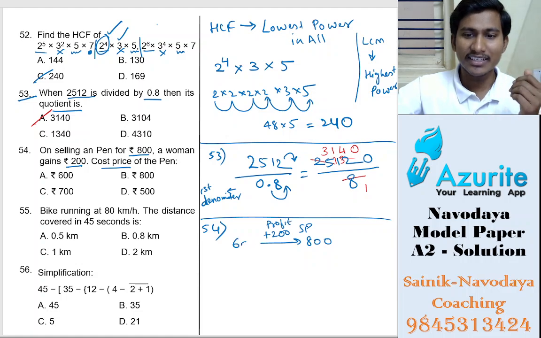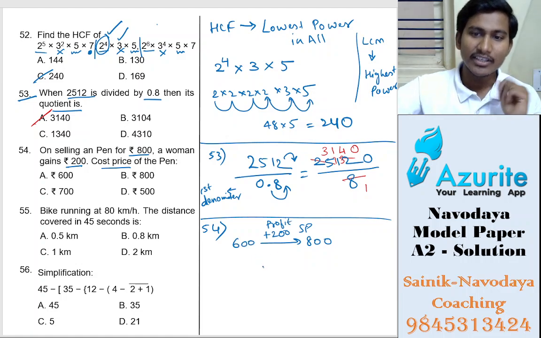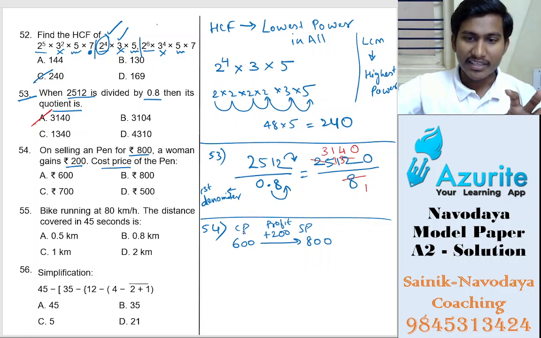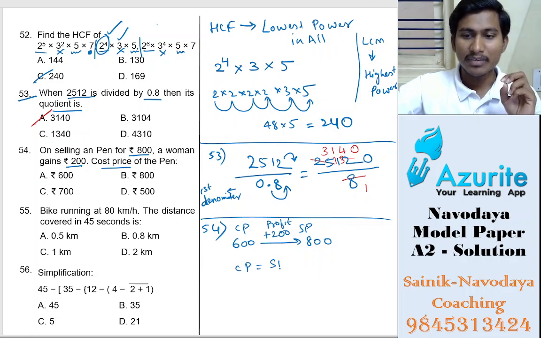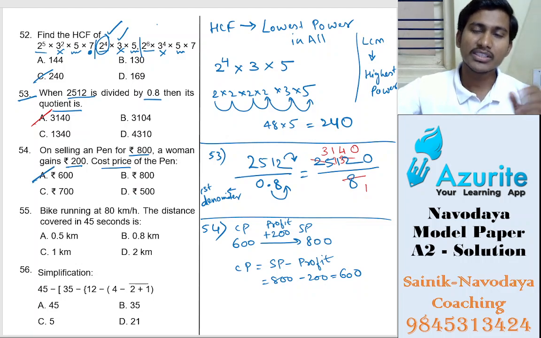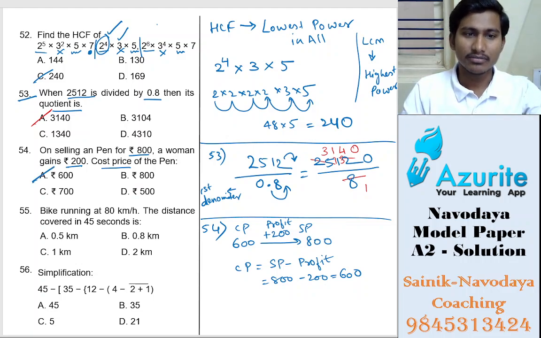That is 600. 600 plus 200 is 800. So if you want to find the cost price when profit and selling price are given, selling price minus profit we have to do. So the answer will be 800 minus 200 is 600. So option A here. Got it? Very good.